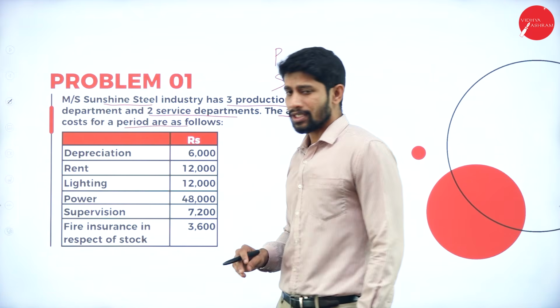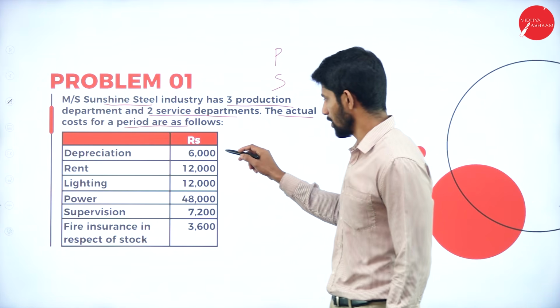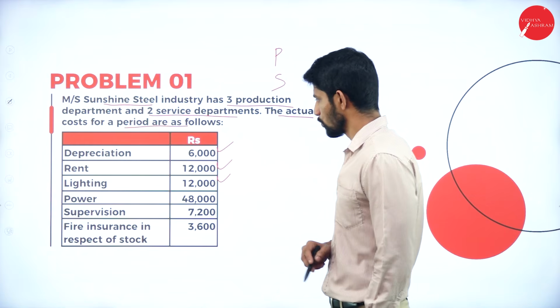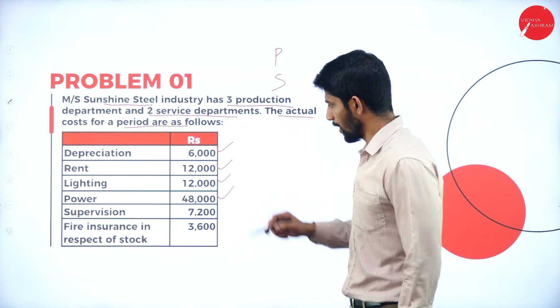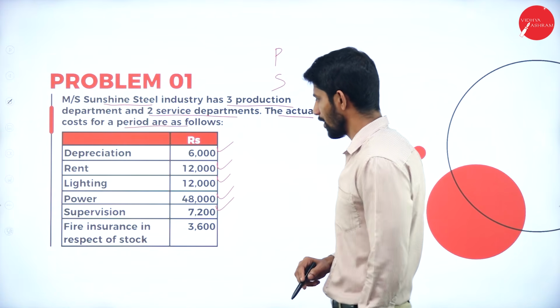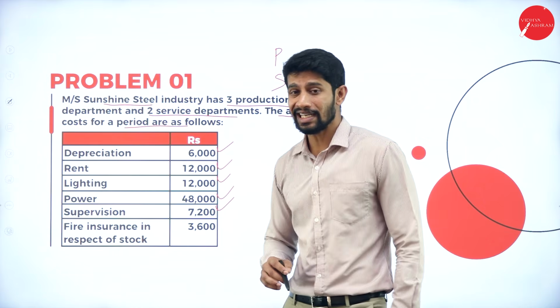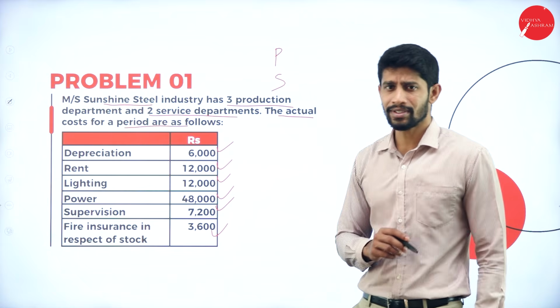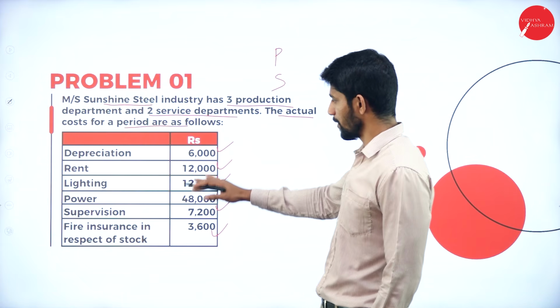So here we have some expenditures. Depreciation 6,000, rent 12,000, lighting 12,000, power 48,000, supervision 7,200, fire insurance in respect of stock 3,600. So these are all the expenditures we have.